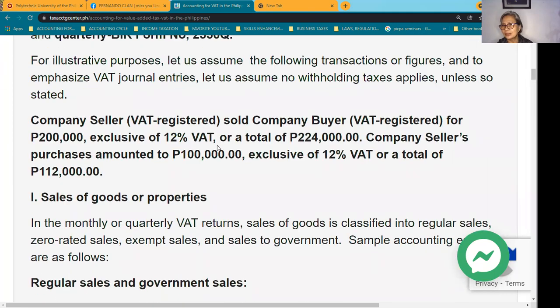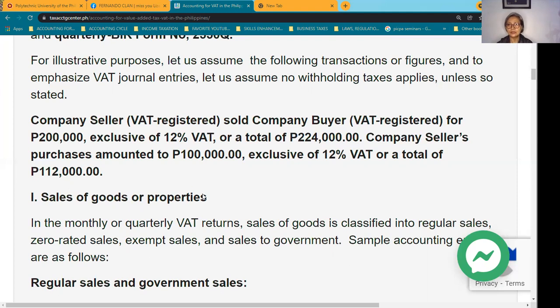Ang sales to government will be subject to withholding tax on VAT. So, kung may withholding tax ang government, kasama pa rin yun sa input tax na ima-minus mo, kasi you should pay output tax, pero winithhold na ng government entity yung amount na yun. So, kailangan ibawas din yun sa babayaran.